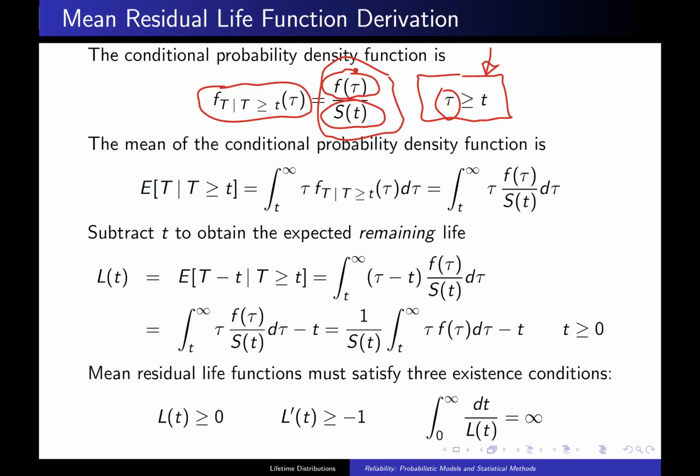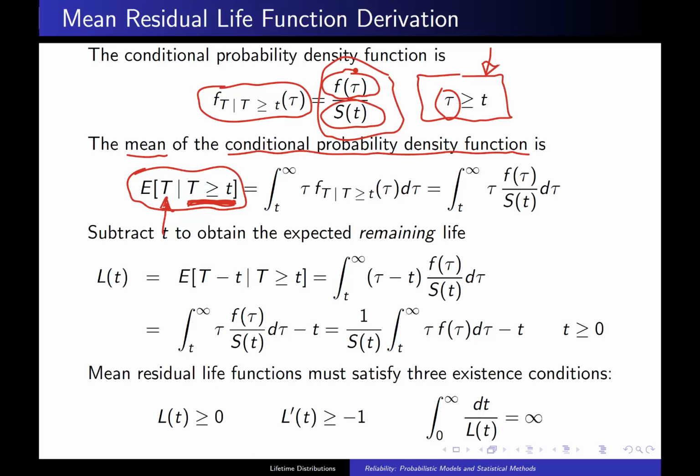If you want the mean of this conditional probability density function, that is this quantity right here. Given that an item has survived to time lowercase t, we want to know its expected time of failure, not its expected time to failure, but the expected time of failure.